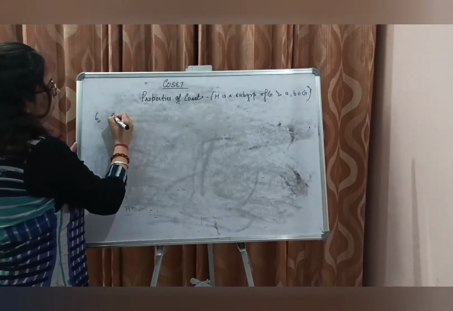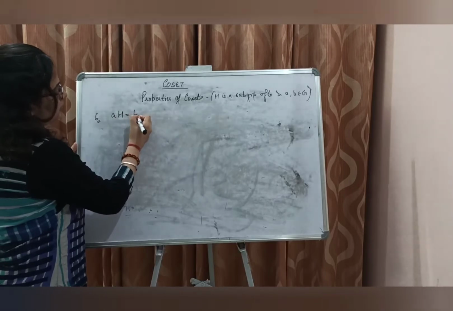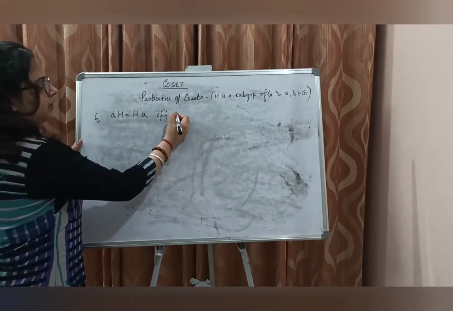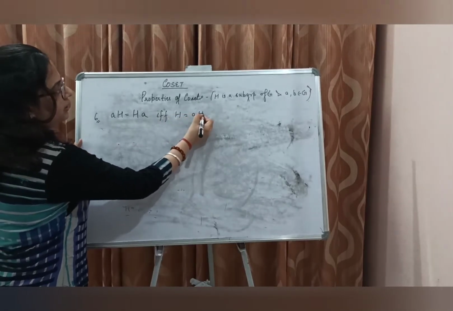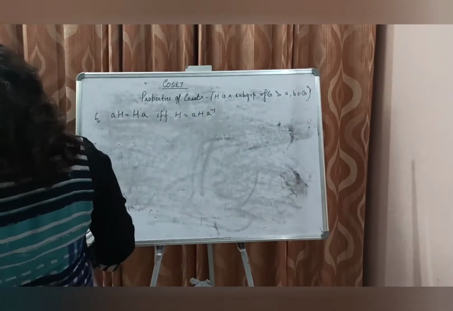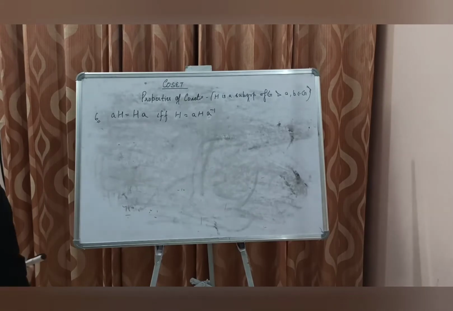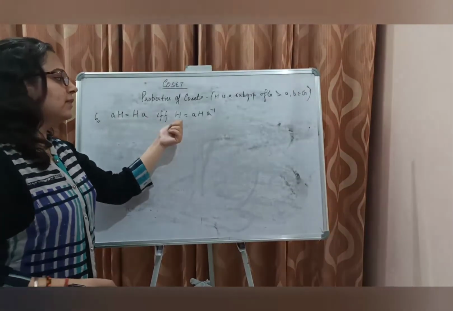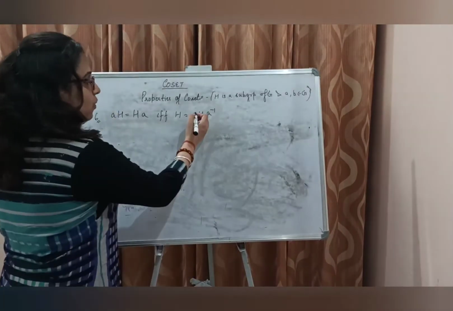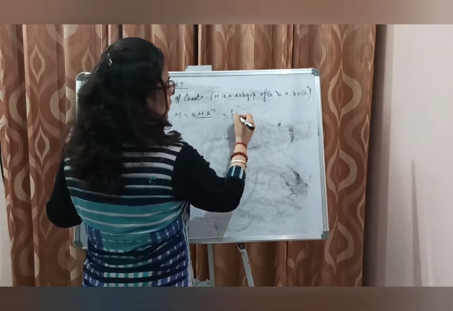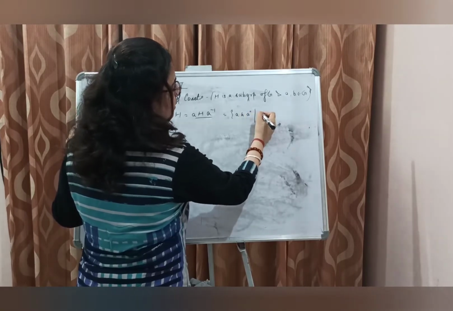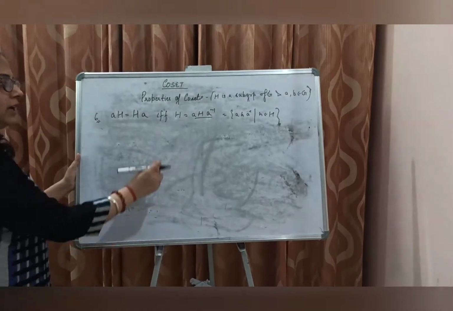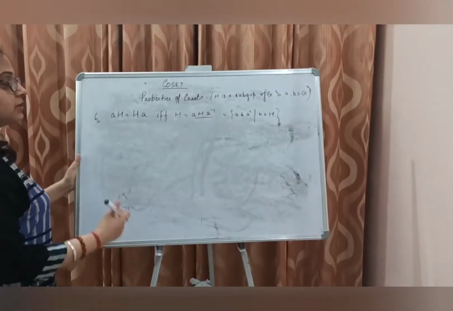Now the sixth property is that AH is equal to HA if and only if H is equal to AHA inverse. Left coset is equal to its right coset if and only if H is equal to AHA inverse. Now what is AHA inverse? This is equal to AhA inverse, where h is any random element of the subgroup H. And A is still a constant element for us.